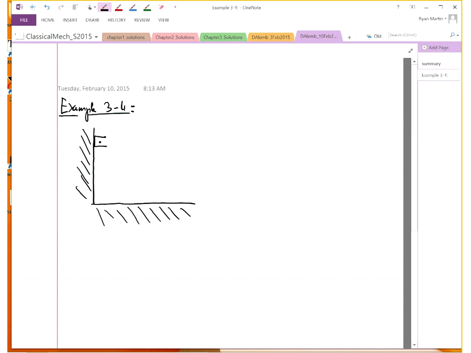And we have 2-point masses that are attached by an inextensible rod that's massless. And these are, let's call them mass M1 and mass M2.